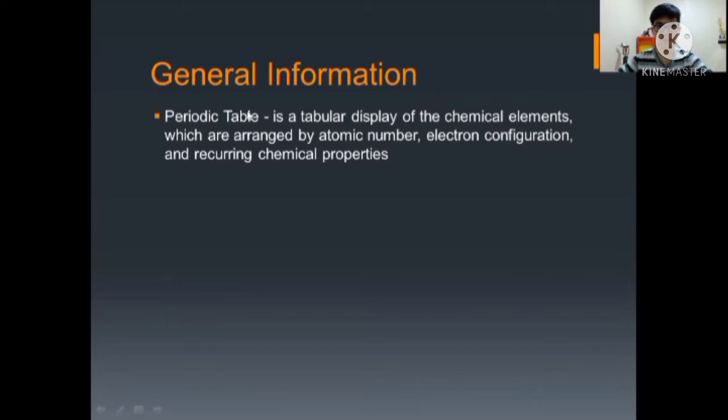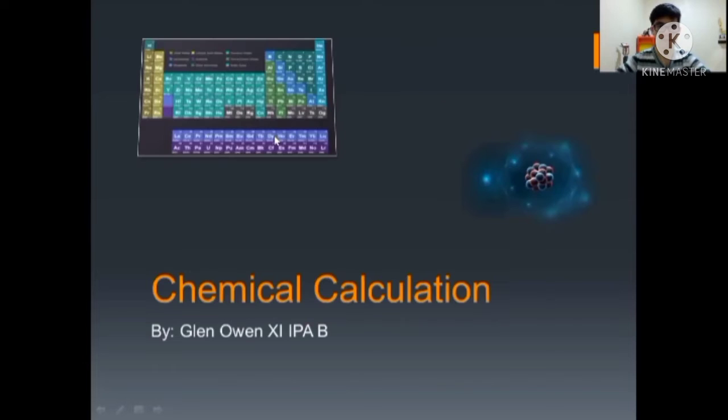This is the periodic table, and this one is atoms, like the free elements in the periodic table. For example, this could be hydrogen or maybe other elements.